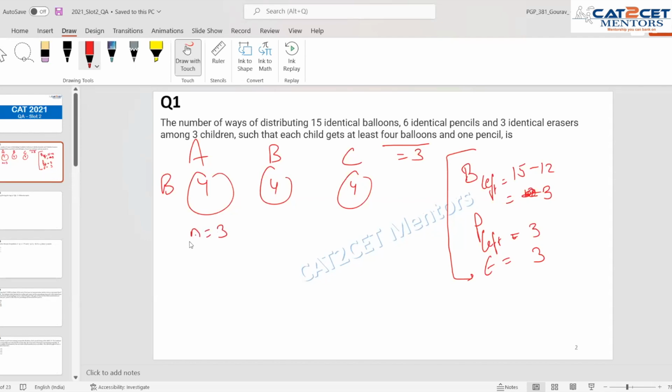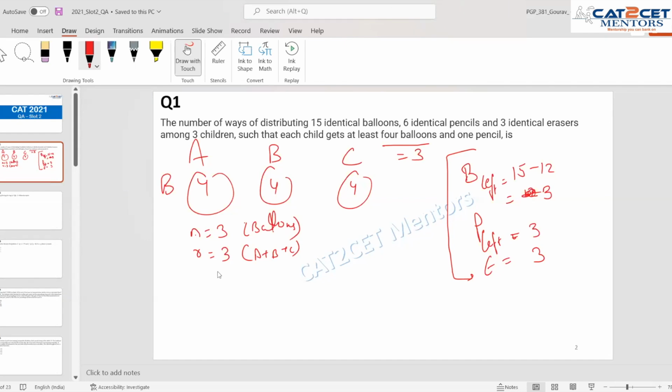For example, for the balloons, the number of balloons we have to distribute is 3, and the number of people among whom we have to distribute is 3. So there are 3 people, A, B and C. These are the children to whom we need to distribute, and these are the objects, balloons.